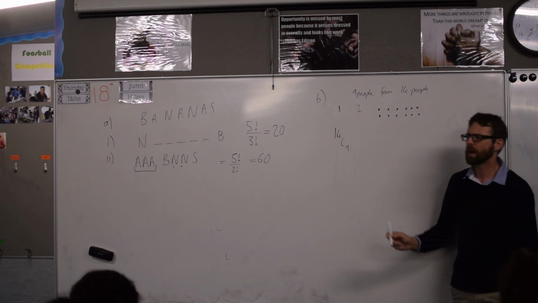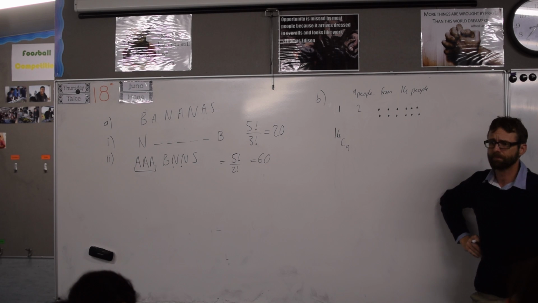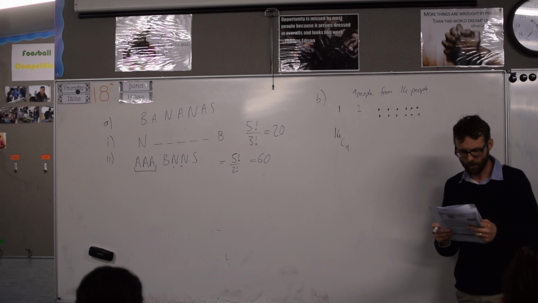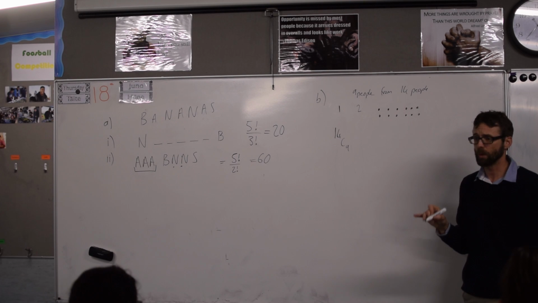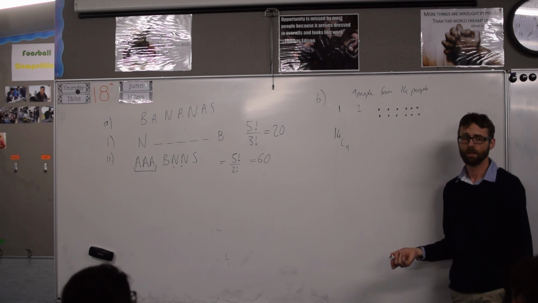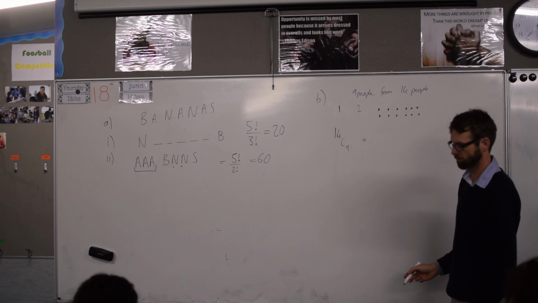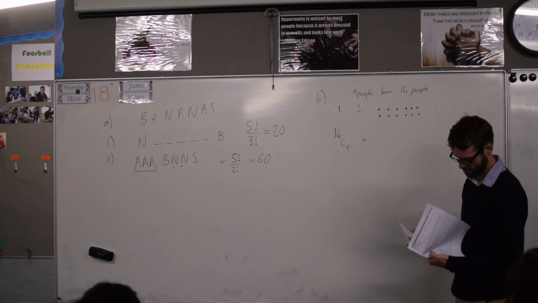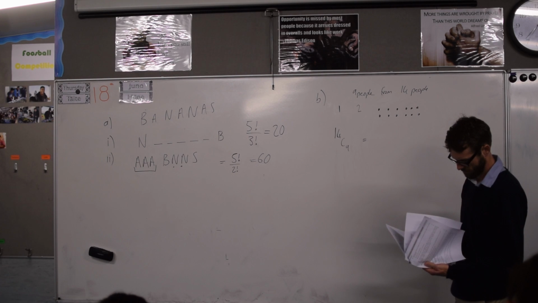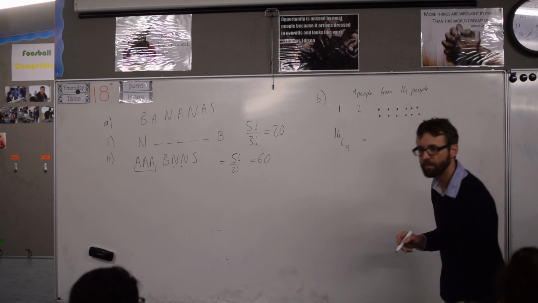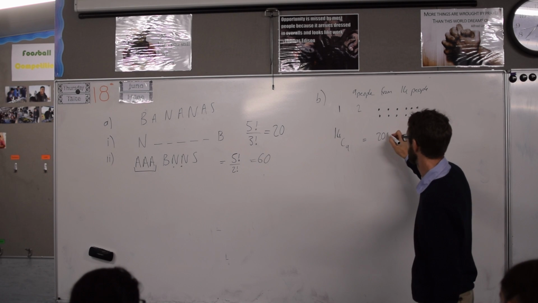Why am I doing choose rather than P? P stands for permutations, right? And when we're picking a group, it doesn't matter the order that we're picking it in. That's why I'm using choose, right? What does this give us? A big number. What is it? 2002. Is this one?